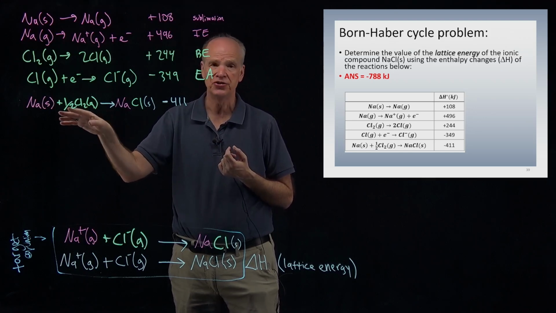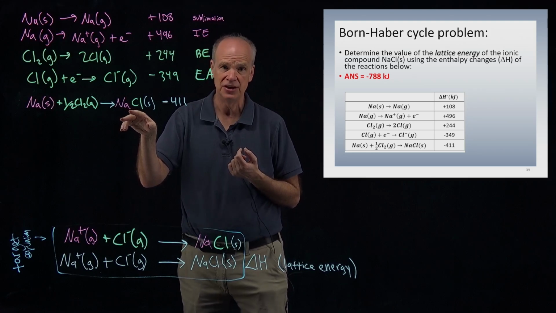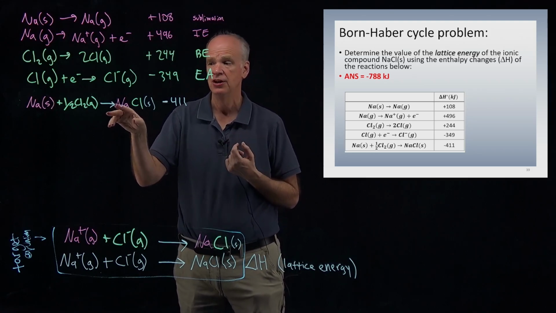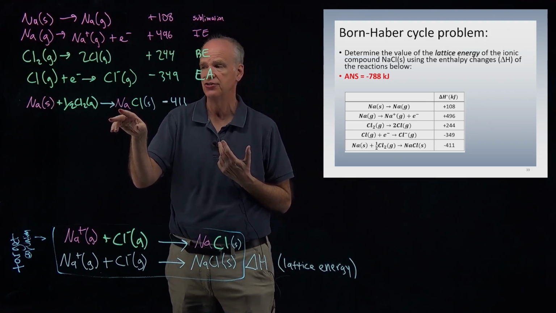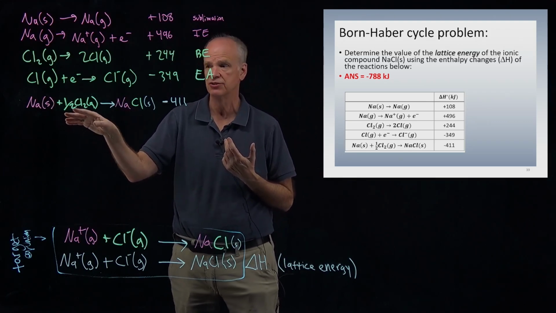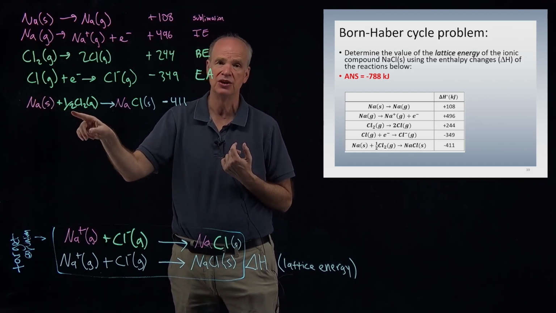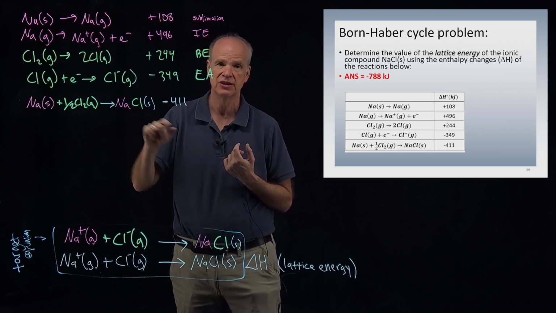And so we also had to balance the equation. You might remember when we're writing out these equations for the formation of a solid ionic salt, we have to have the formation of 1 mole of the ionic salt. And so we have to balance the reactants accordingly. Here we'll have 1 mole of sodium, but really we need a half mole of diatomic chlorine to make sure the chlorine atoms balance.